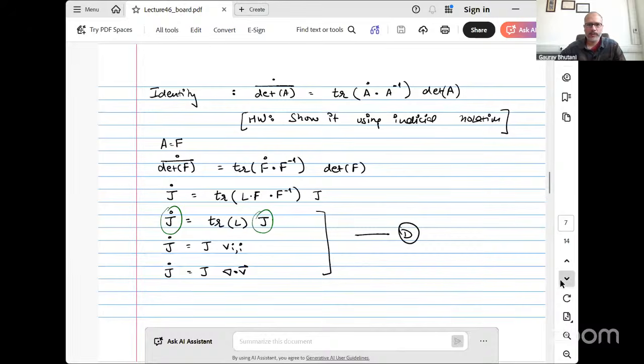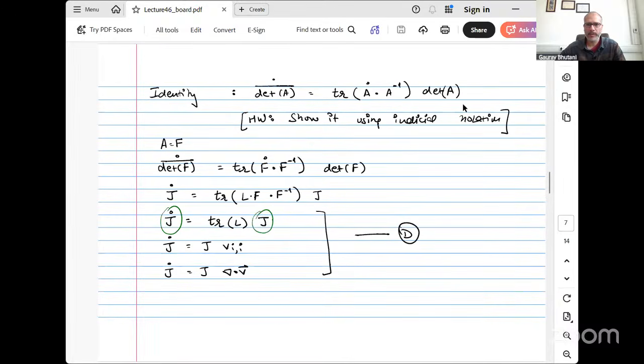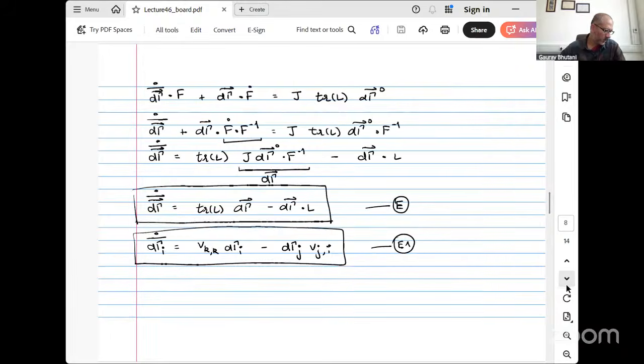So we have now proved this identity, and this is what we used to then show that the time derivative or the material derivative of the area element d gamma can be written in terms of d gamma.